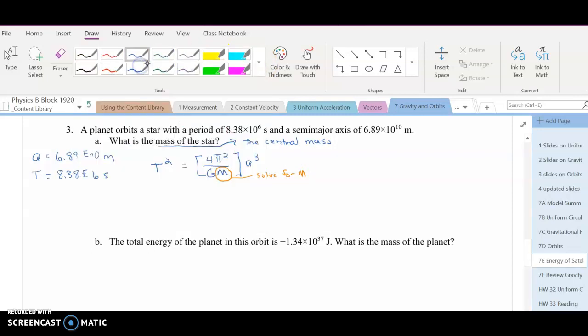And so let me move the equation around here before I start plugging in. So I'm going to have that the mass is going to be 4 pi squared over G times T squared times A cubed. And I'm just going to plug the information that I have in here.